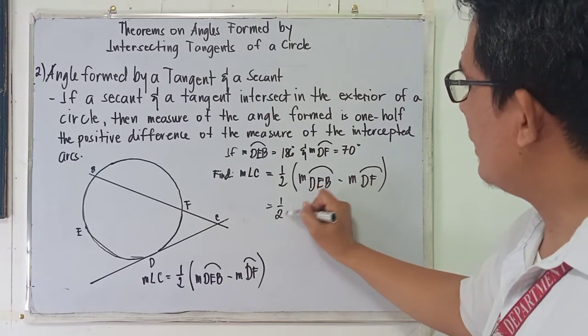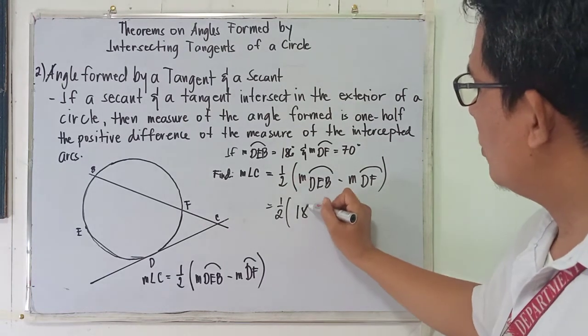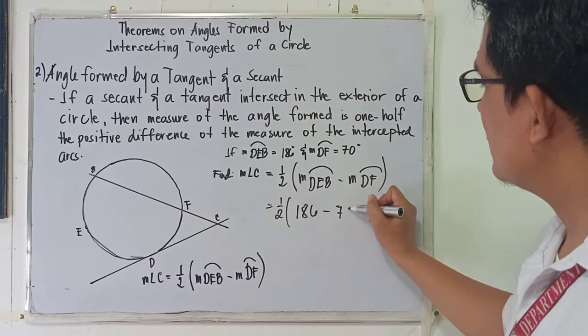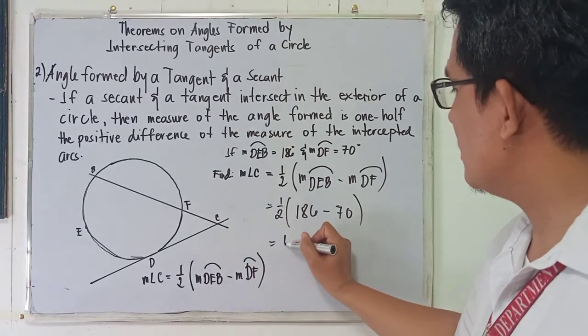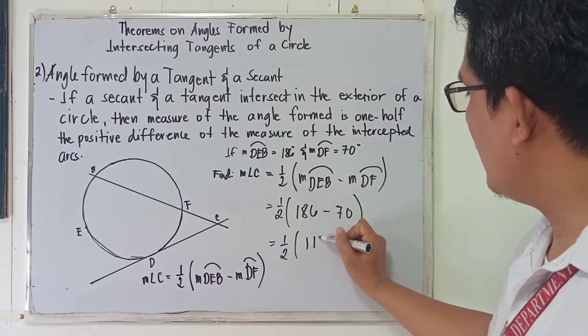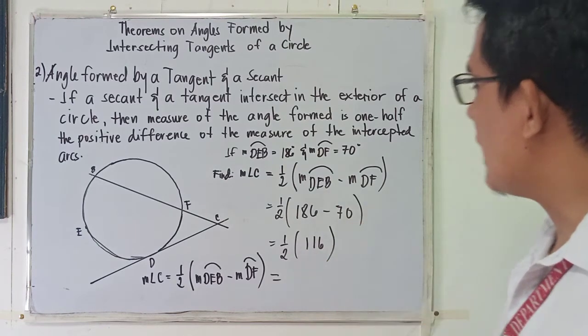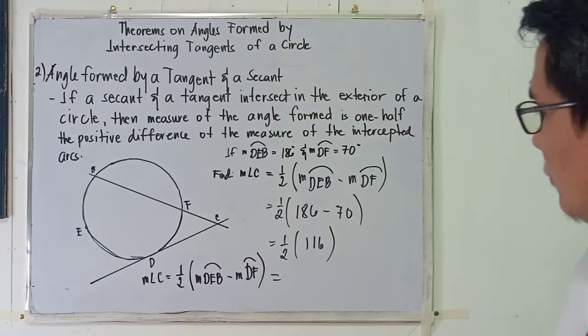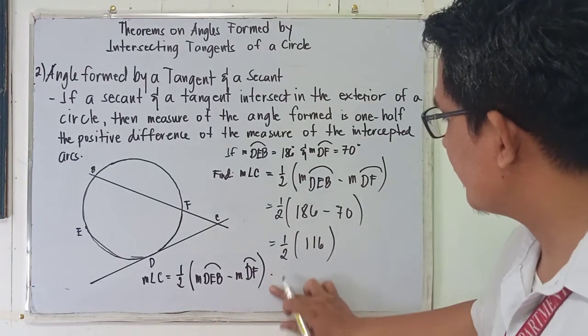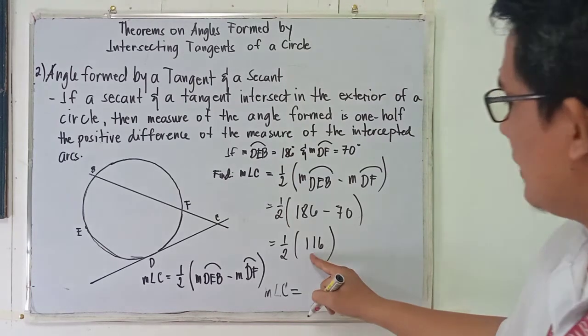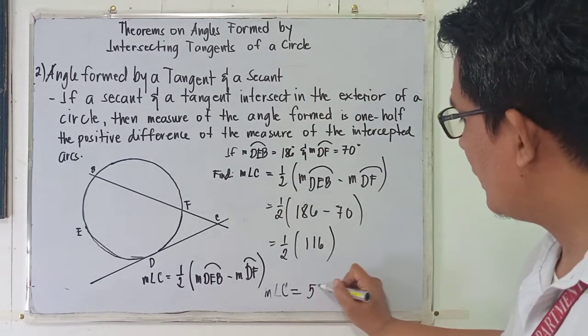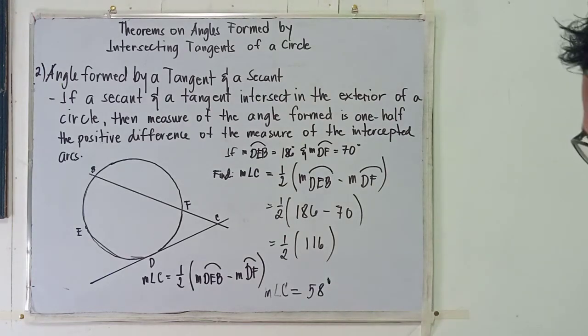So this becomes 1/2 of 186 minus 70. 186 minus 70 is 116, so it is 1/2 of 116. What is half of 116? Therefore, the measure of angle C is equal to 58 degrees. So that is our theorem number 2, and that is very easy.